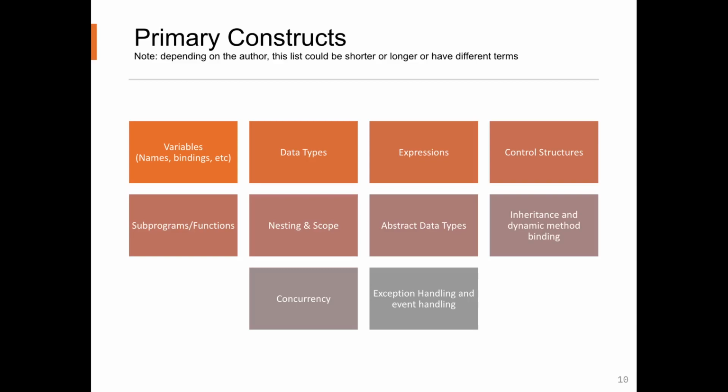So here they all are on the screen. The one note I want to make about this is that this list depends on the author of the book or paper or talk that you are consuming. It could be slightly more, slightly less, but generally these are the main things.